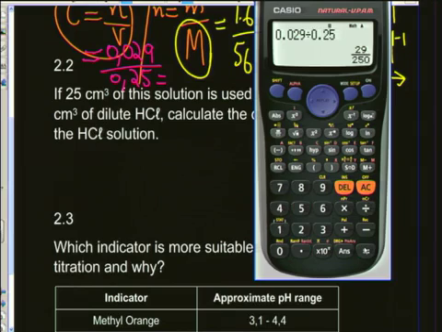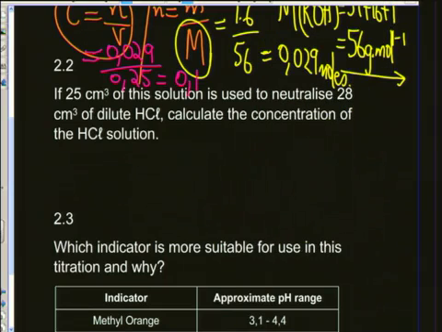And what is the answer? You get it to be 0.12. I'll write this as 0.12 mole per cubic decimeter. Okay? Mole per cubic decimeter. So that is the concentration of potassium hydroxide.